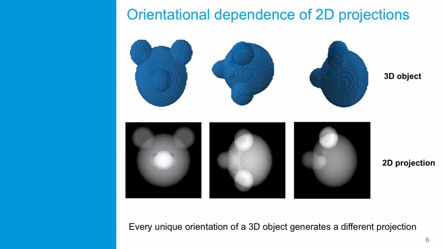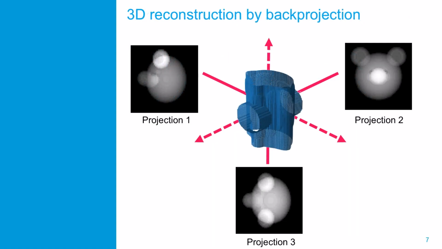But first, it is essential to note that every unique orientation of a 3D object generates a different projection image. Now, if we know the relative orientation of these projection images, we can simply do a back projection. That means we are undoing the transmission electron microscope imaging process by essentially propagating rays through the projection images in the inverse direction of their projection.